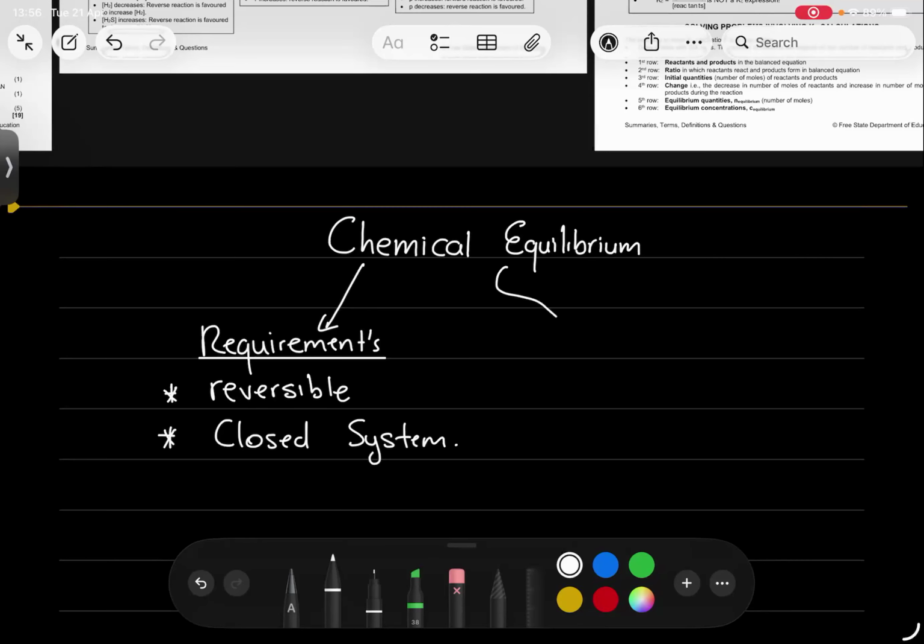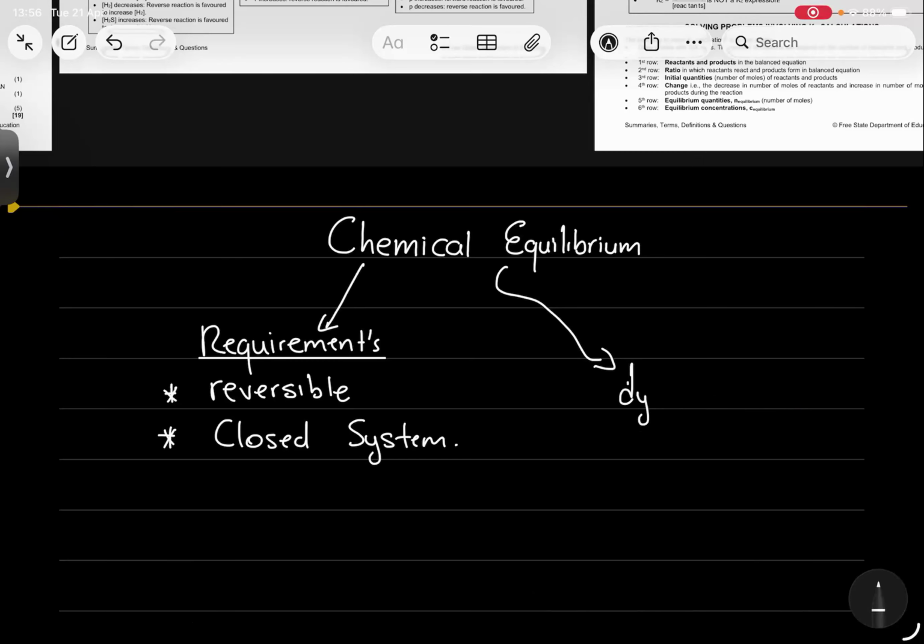And you have to know how to define the dynamic equilibrium.